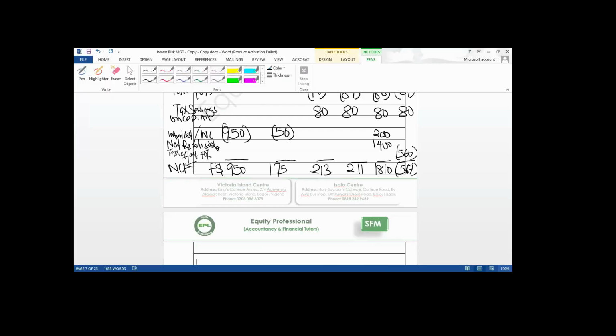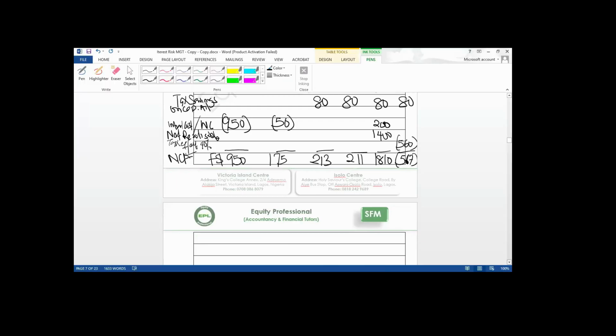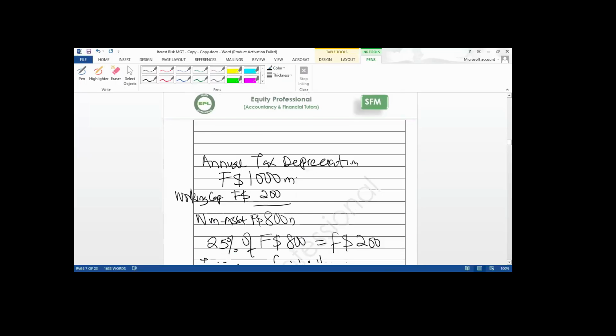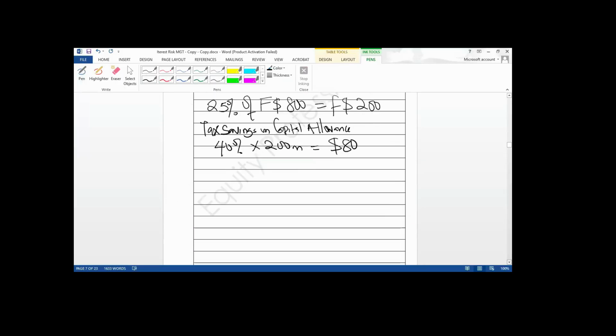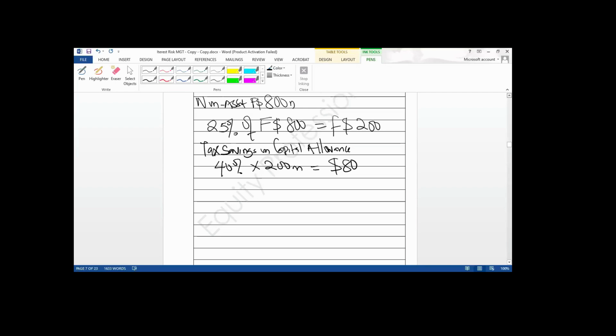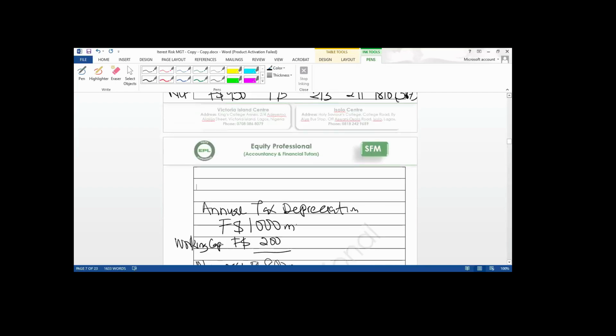What the examiner wanted is Naira perspective. And come here now. The problem of coming up and down, I'd love to do it in some separate place.